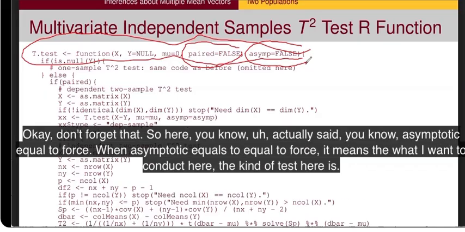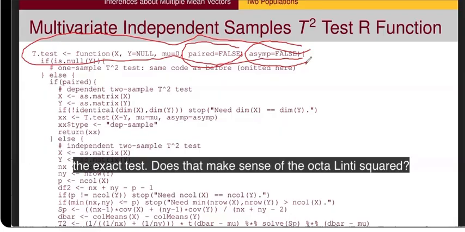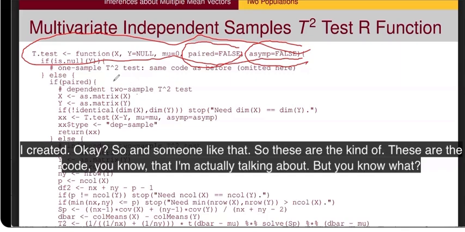Don't forget that. So here, asymptotic equals false means the kind of test I want to conduct here is the exact test. Does that make sense? So these are the codes that I am talking about.